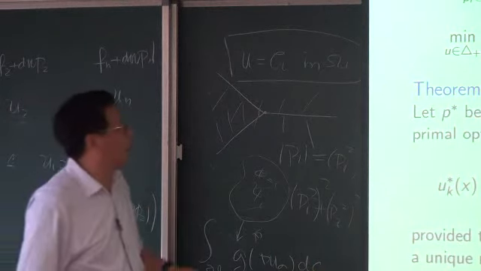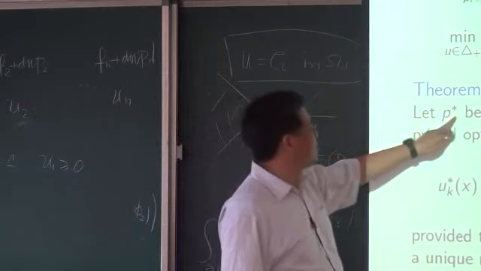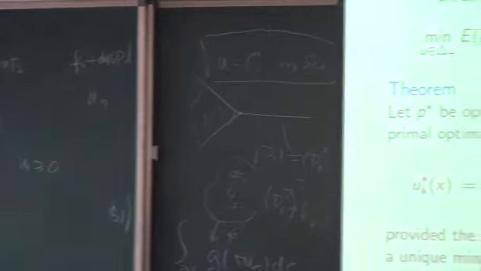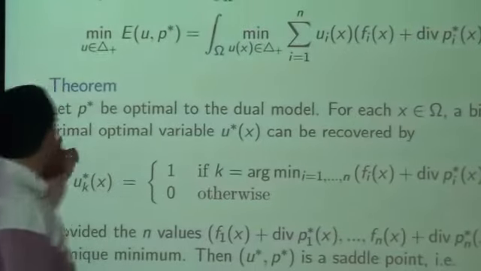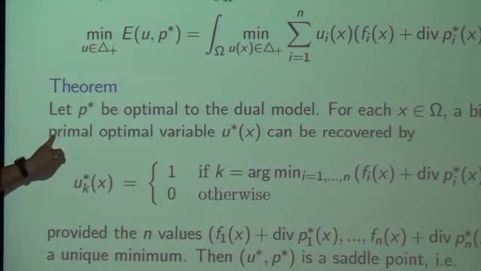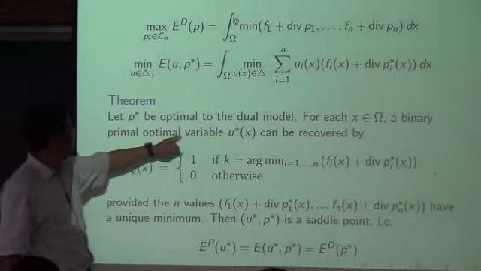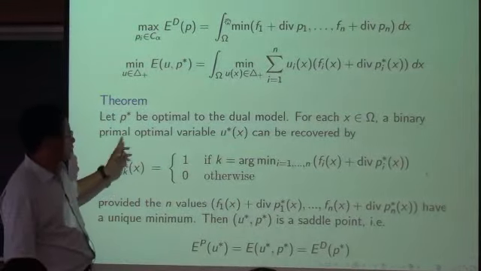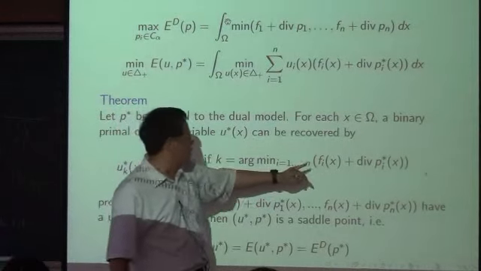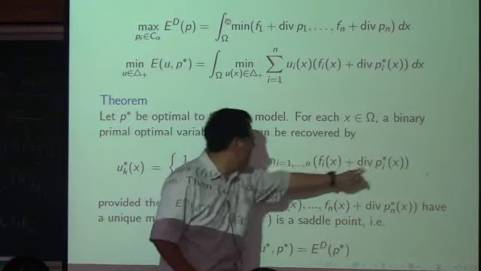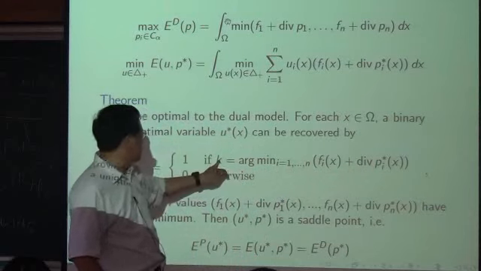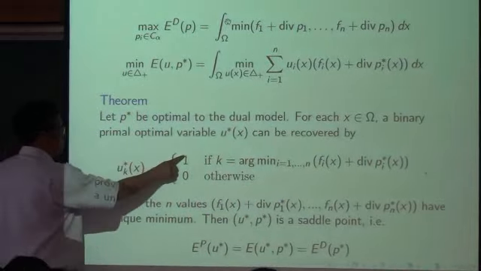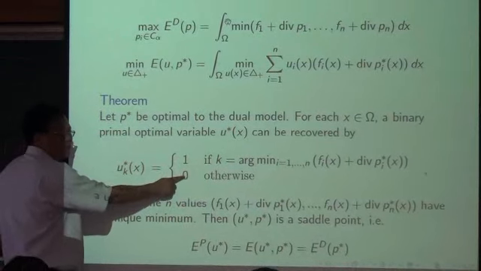And so we have one theorem: for P_i to be optimal for the dual model, which is the previous one, for each x in omega, a binary primal optimal variable U can be recovered in this way. Assuming P_i is the minimizer, if the case K is the smallest, I just set U_K equal to 1, and everything else is equal to 0.